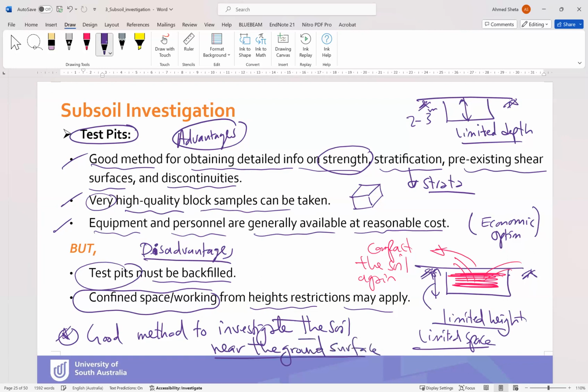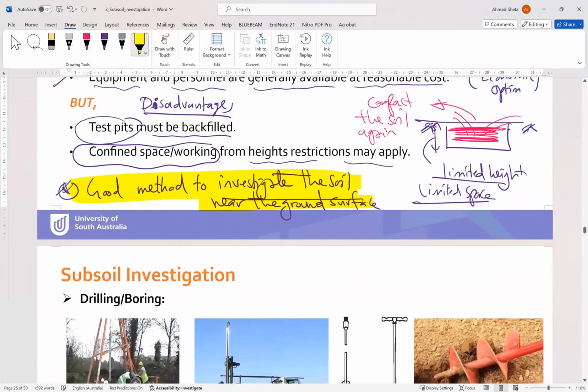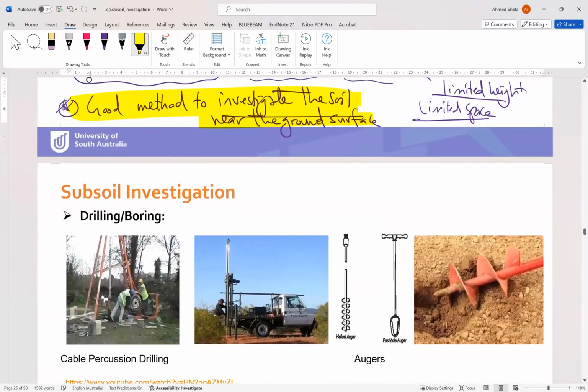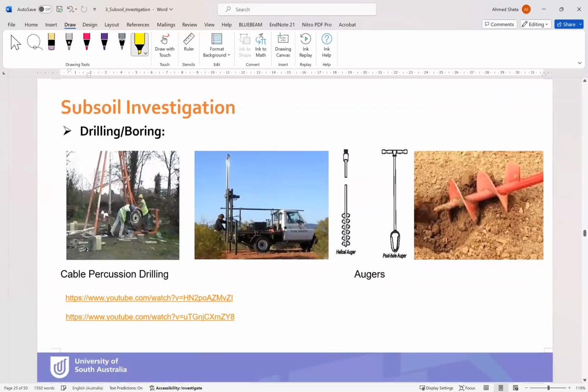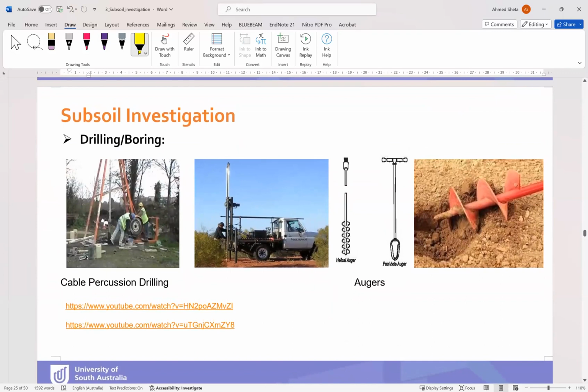So this might be the best option if you only want to investigate the soil near the ground. Okay, so this is the first method. The second method is our main method, which is drilling or boring.